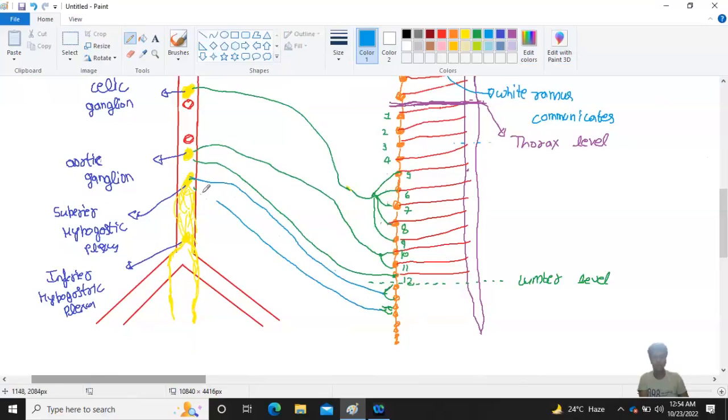These are lumbar splanchnic nerves. These 3 are thoracic and these are lumbar. Then here is sacral also. Sacral also, there are 3 to 4 present, which again drain into the superior hypogastric and inferior hypogastric. Superior hypogastric basically.